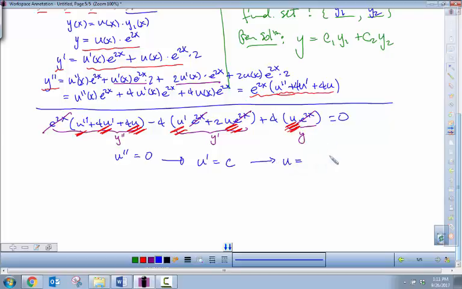U is equal to cx plus another c. Actually, these constants aren't going to be that significant, so you can just say this is equal to x.